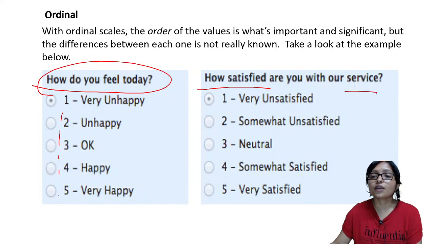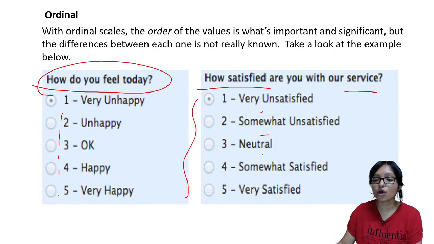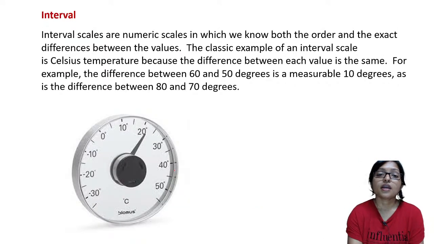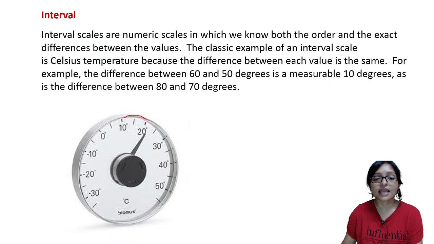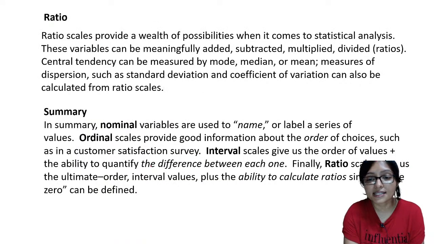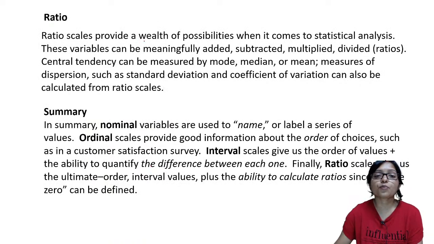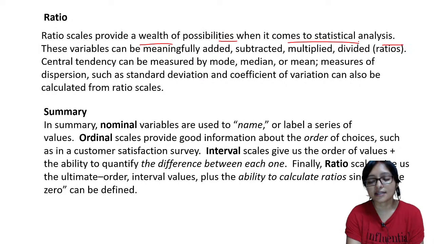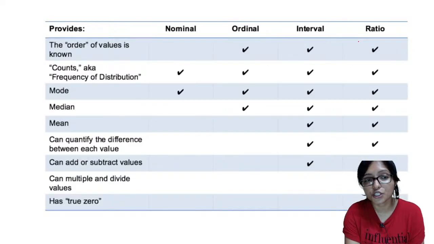How satisfied you are with the service, unsatisfied, neutral, this also comes under number, that is called the ordinal. Interval, here exactly 10-degree intervals are there, that is interval. And ratio scale provides the best possible when it comes to statistical analysis, that is called the ratio.